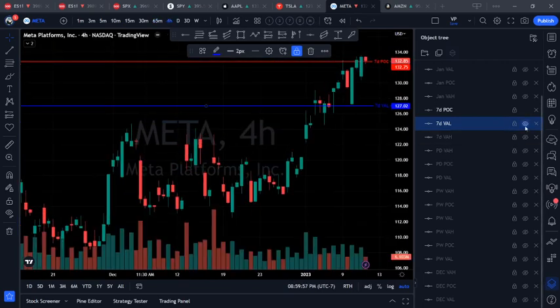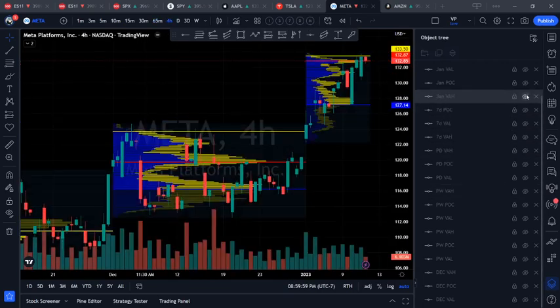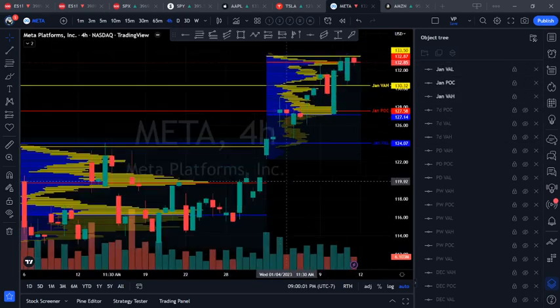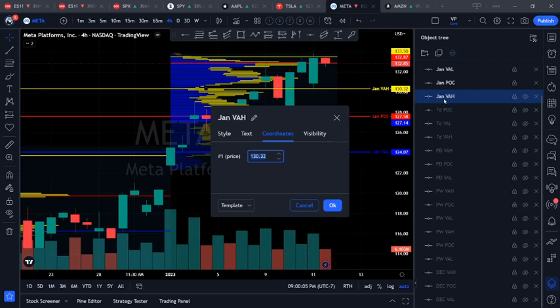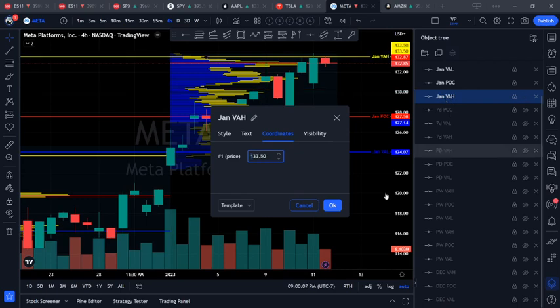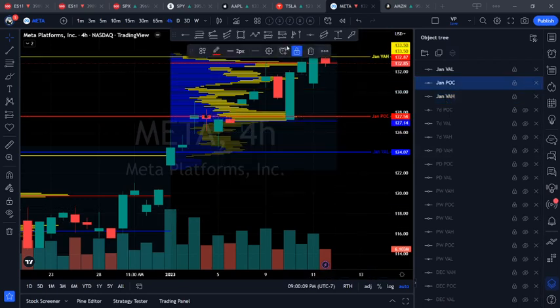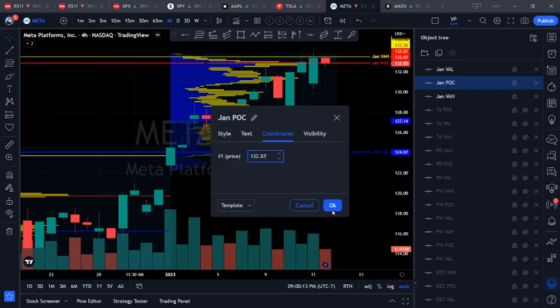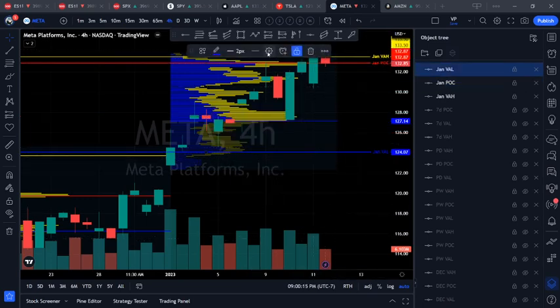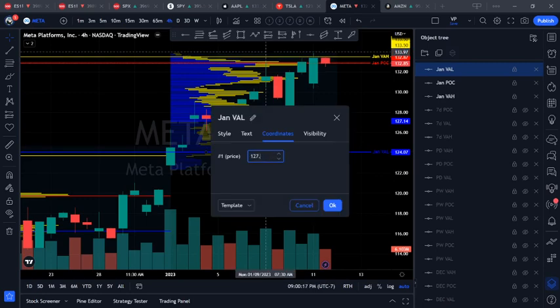Moving on to the monthlies, gonna work with January value area high of 133.50. POC moves to 132.87 and the value area low of 127.14 for January.